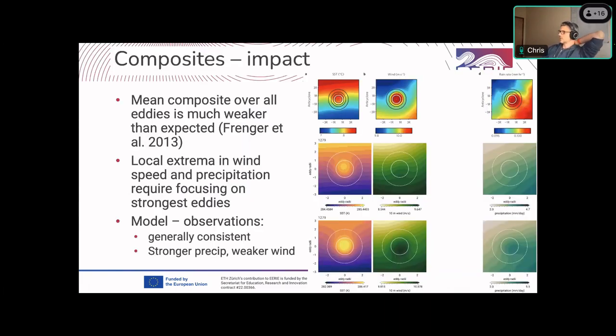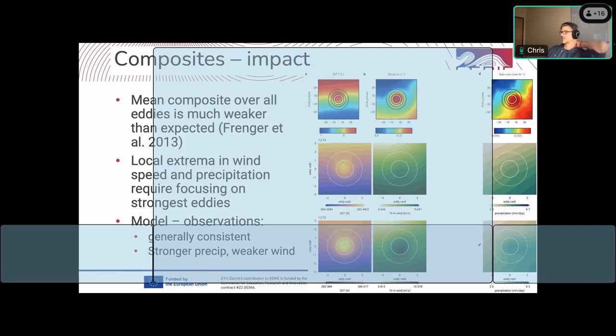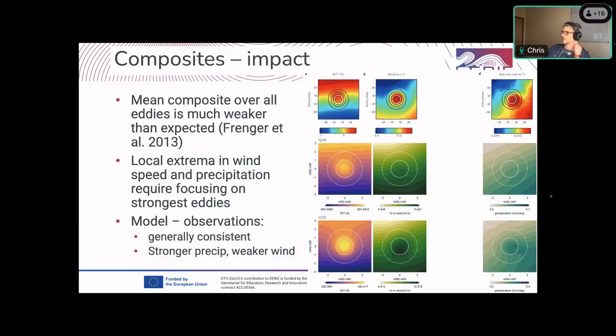And we can get a lot of this similar structure, especially on the rainfall composites, but only if we restrict our analysis to the largest magnitude eddies. And this is a bit of a puzzle, and we wondered whether there's something else that's not 100% described in the methodology of this paper that I'd be quite interested to talk to Nikki and others about.